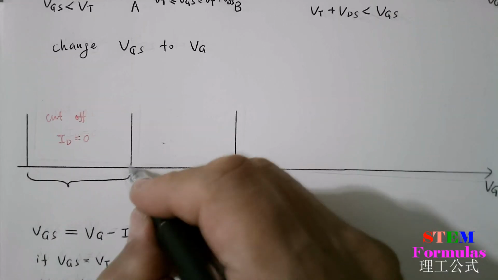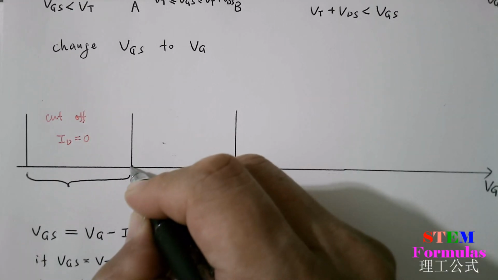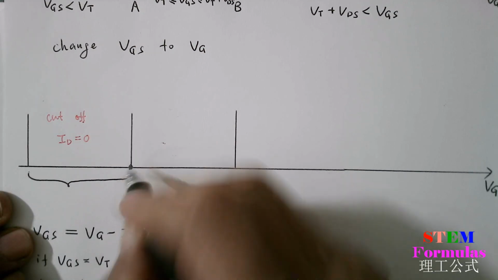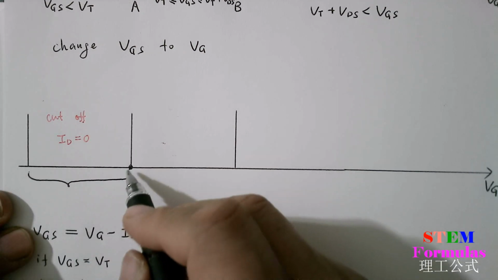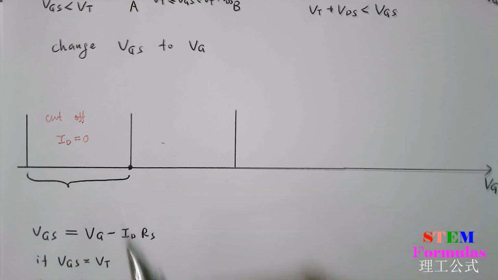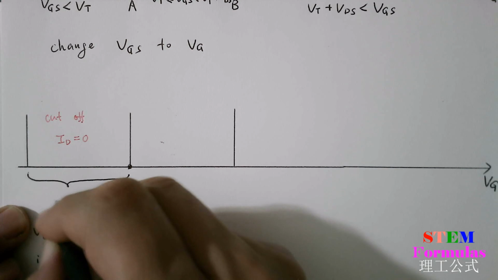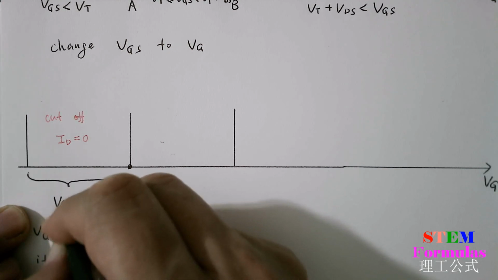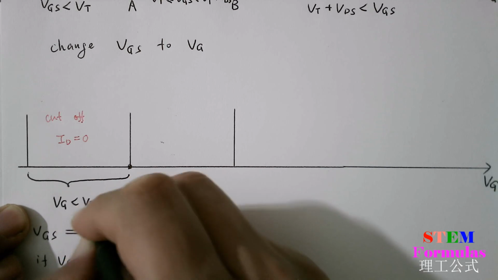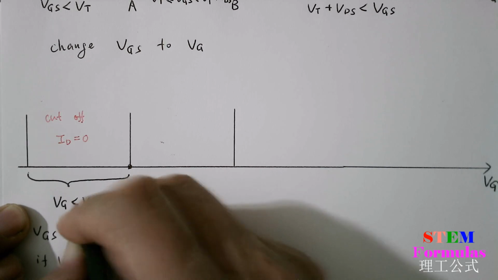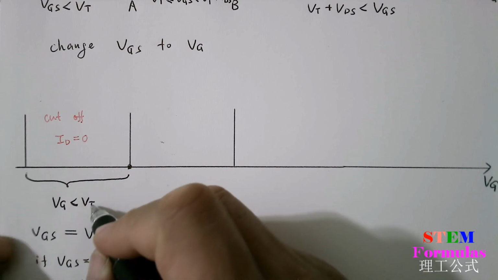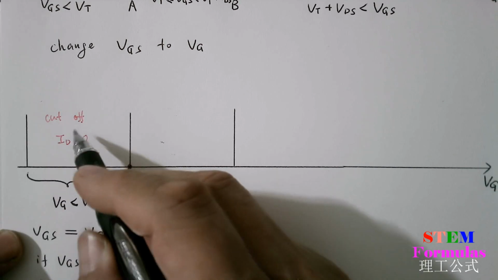So in this place, I can write down VT here. Now, I can write down here VG smaller than VT, and this is the cutoff region.